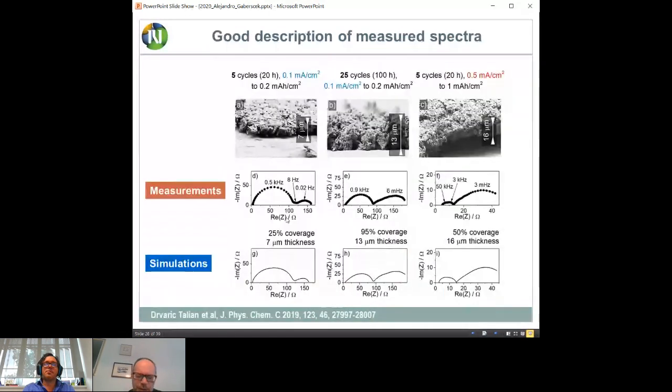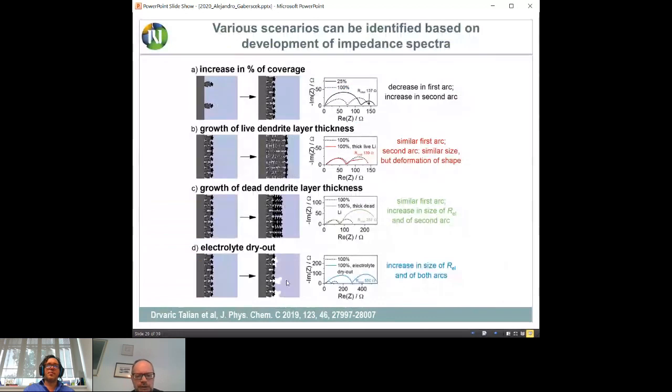We got some correlation between what you measure and what you actually can model, and then we tried to understand what is going on. Then we predict the different scenarios. Some are the same as already existing in the literature, some are a bit different. And then we also said, okay, this scenario corresponds to this kind of modification of shape, this to this, this to this.